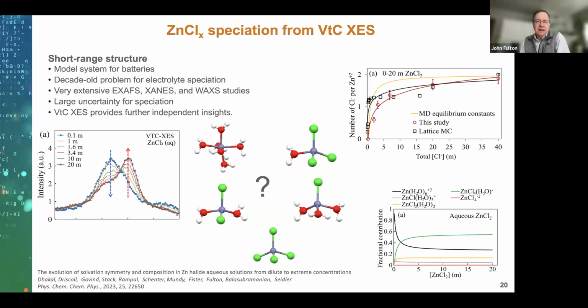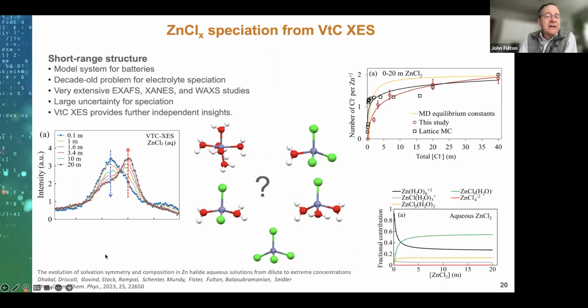And it's relevant to all of the transition metals, not only looking at the various anion associations, but the question is relevant to things like hydroxide formation. So it's a problem that has not been completely solved. There's a tremendous amount of information on XAFS, XANES, and WAXS for the zinc chloride systems. There's still large uncertainty in speciation.